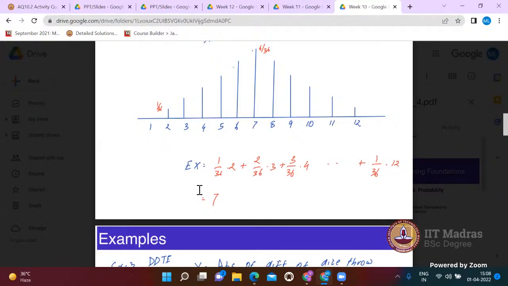And one more important thing is the expected value can be different from the outcomes. If I'm throwing a die, the outcome is from 1 to 6, but the expected value is 3.5, because the expectation is the average value.